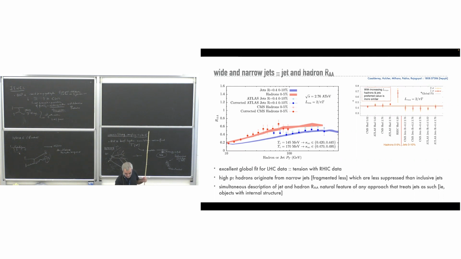This will appear in any model that treats jets as objects with internal structure, where the dependence on the number of constituents is part of the game: I lose more energy if I have more things.